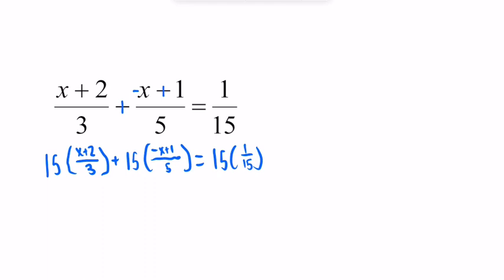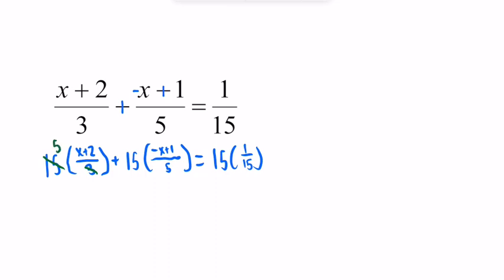Now when we do this, the trick that makes it a little bit easier is to notice the number you're multiplying by can be divided by the number on the bottom of the fraction. For example, in the first part of the problem, 15 divided by 3 is 5.